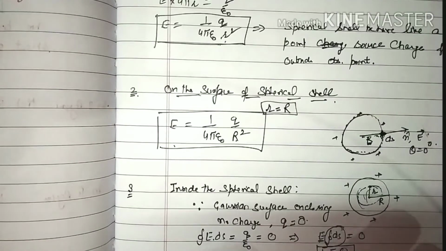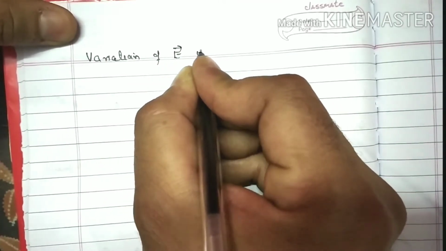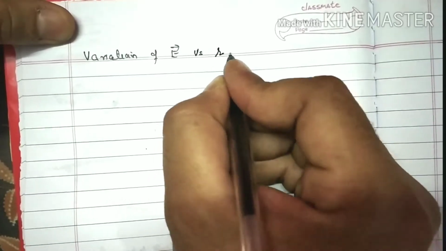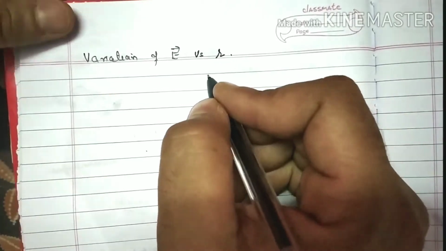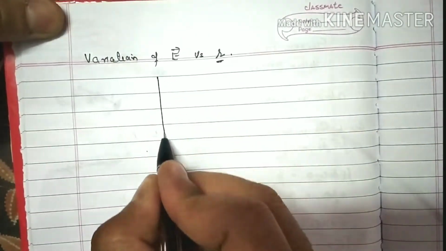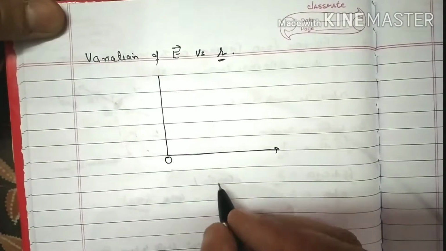Now in the last we will do the variation of electric field intensity with respect to the distance of the observation point, where we have to find out the electric field intensity. This is the origin.